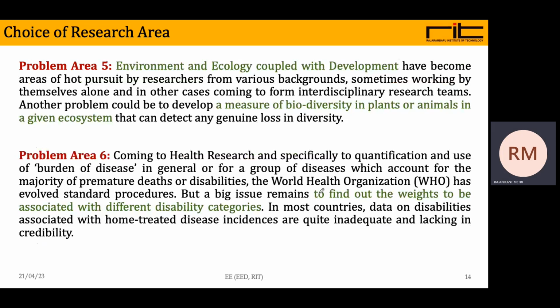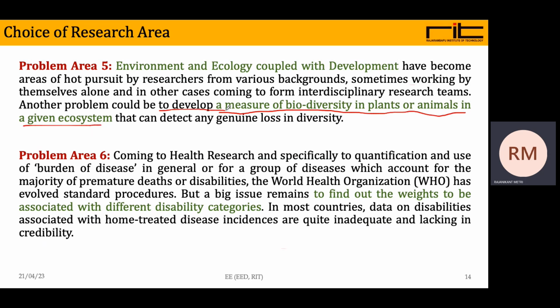Now this is the hottest topic in today's research: environment and ecology coupled with development have become areas of hot pursuit by researchers. One problem could be to develop a measure of biodiversity in plants or animals in a given ecosystem.